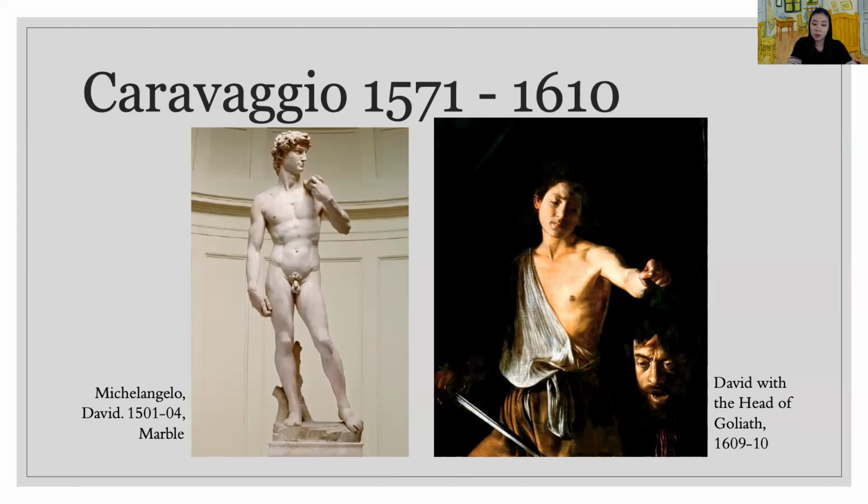Michelangelo's David is made as a hero, and he has an idealized body because he is a hero. On the other hand, Caravaggio's David doesn't have an ideal body and is just depicted as a normal human. And Caravaggio's also shows the moment David took Goliath's head with an unpleasant feeling.